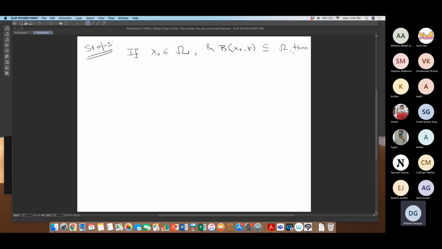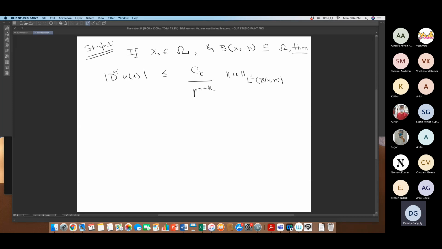Then d alpha of U at x is bounded by C_k, where we explicitly know the constant, divided by R to the power n plus k, times the norm of U in L1 of the ball.